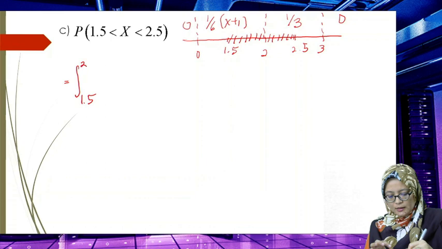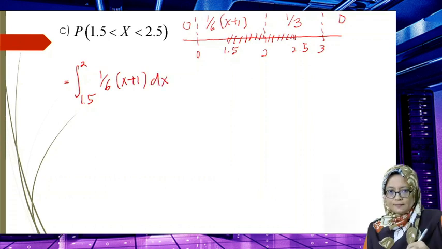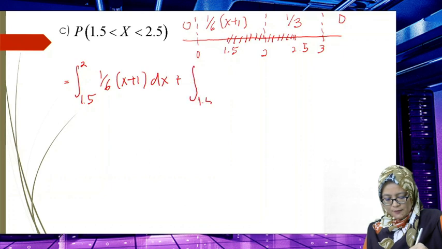So function dia 1 over 6 x plus 1 dx plus integrate daripada 2 until 2.5. Function dia is 1 over 3 dx.